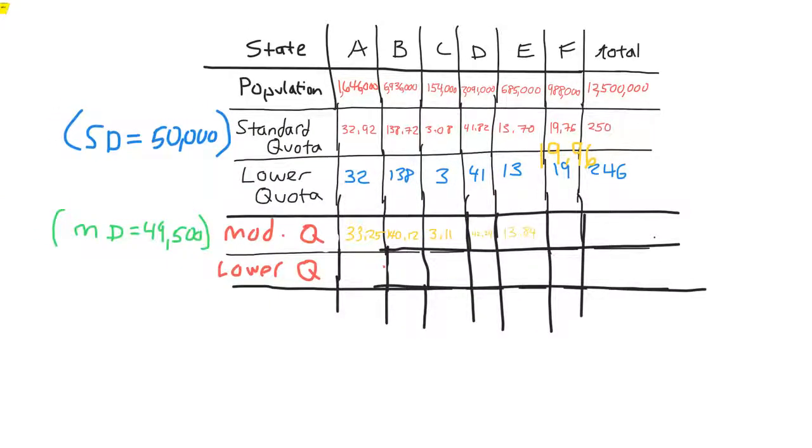So the standard quota used to be for state A 32.92, but since we changed the standard divisor so that now it's less, it's 49,500, the standard quota has increased to 33.25. And you will notice that all of these numbers increased.